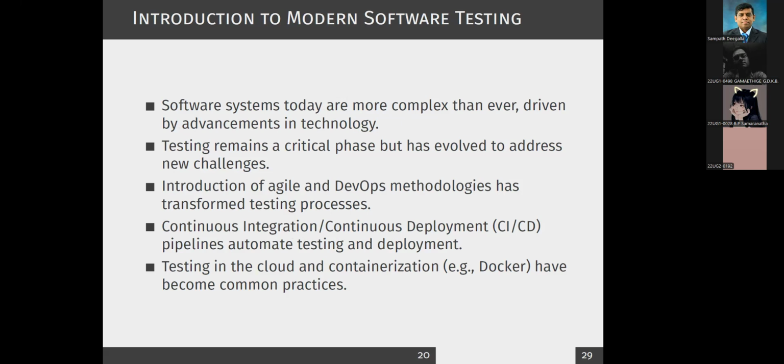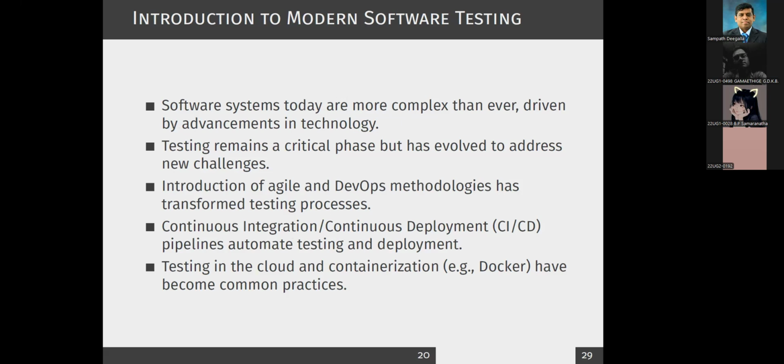So now we consider testing an essential component, or a very critical phase, because of the complex nature of software systems. Therefore, Agile and DevOps have also transformed testing processes.